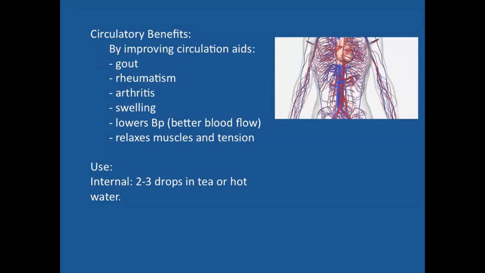Essentially, by improving the circulation, you improve the delivery of nutrients and oxygen to the tissues and improve the removal of toxins and byproducts of metabolism from those areas. So it's just an overall toning, improving of the circulatory system. So 2 to 3 drops in tea or hot water would be a way to take that internally for improving the circulatory system function.